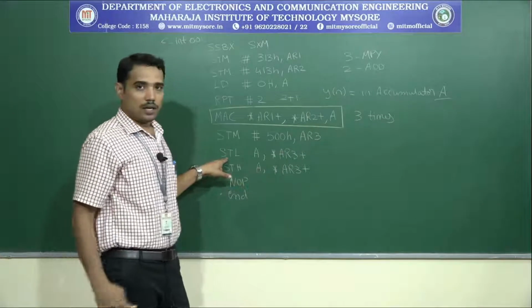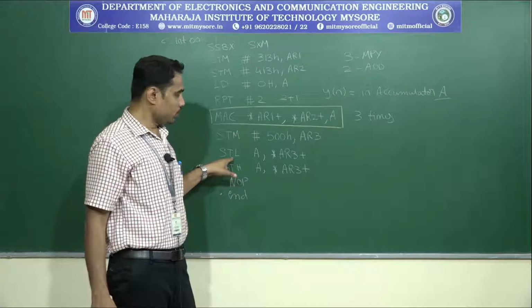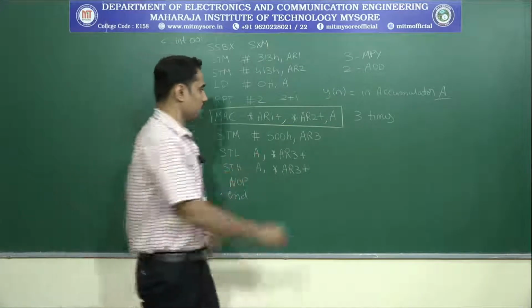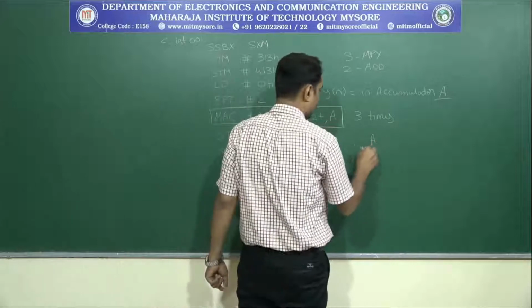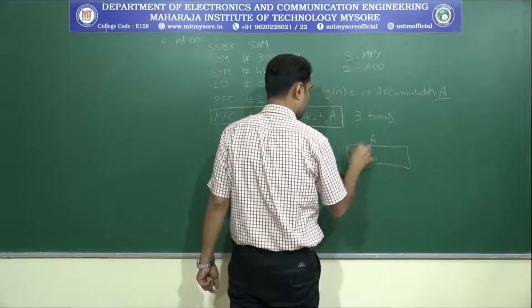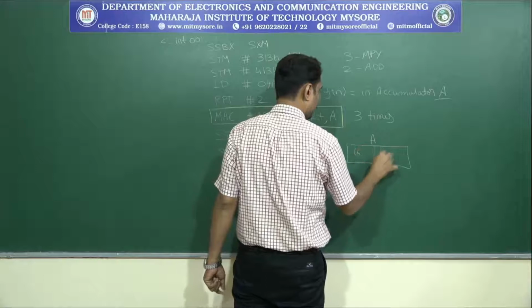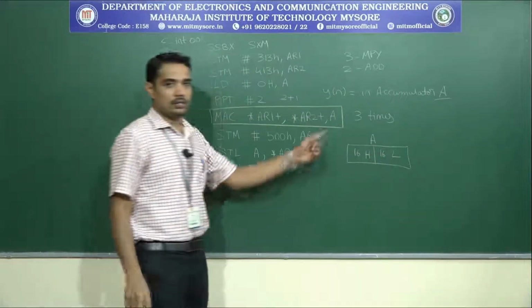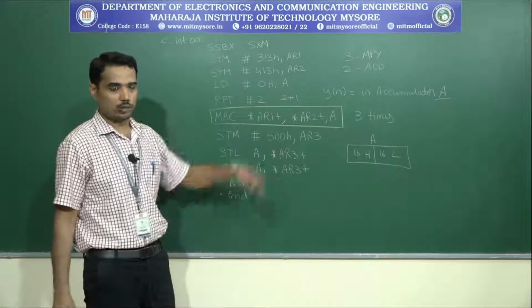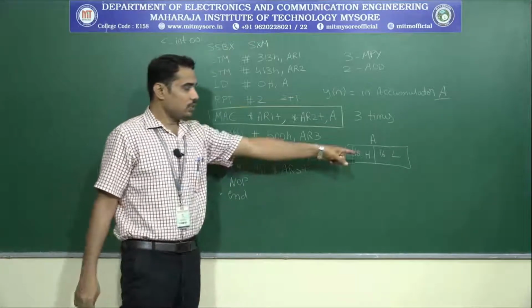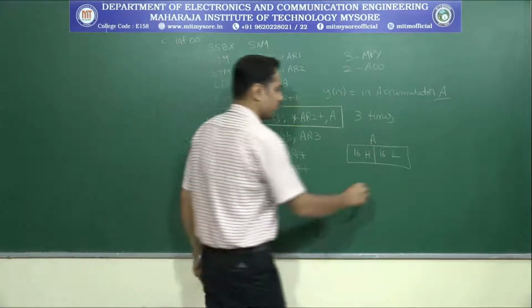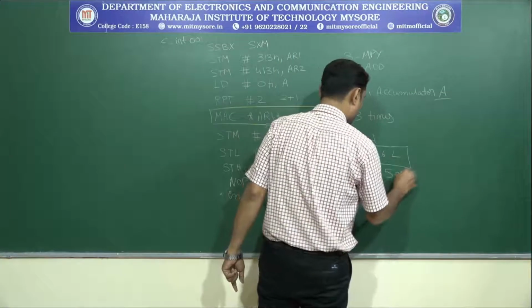Next, what am I going to do? I am going to store the lower part of the accumulator, that is the lower 16 bits, like the L register in a microprocessor's HL register pair. The lower part of the 16-bit result is stored in memory location 500.